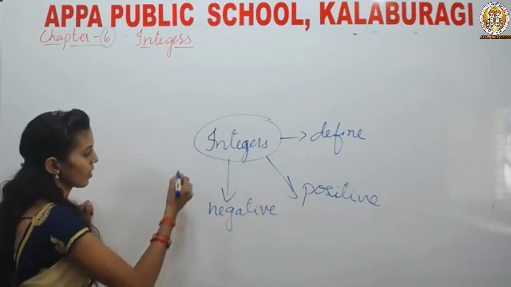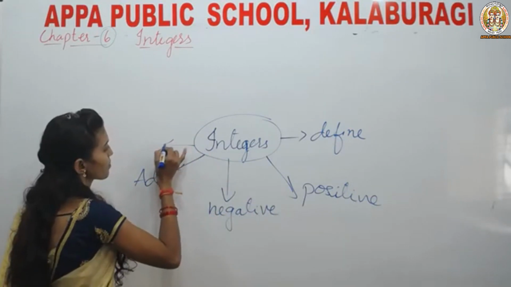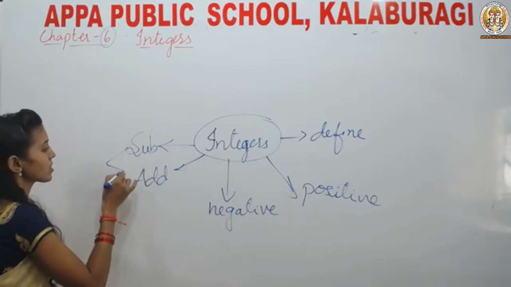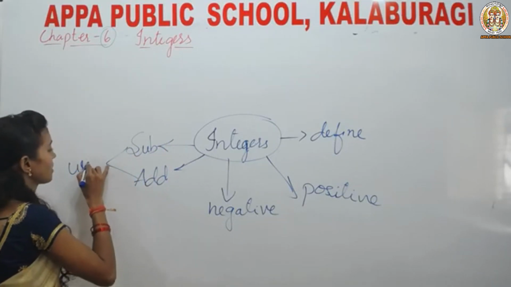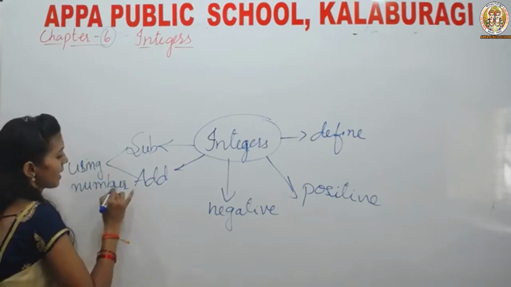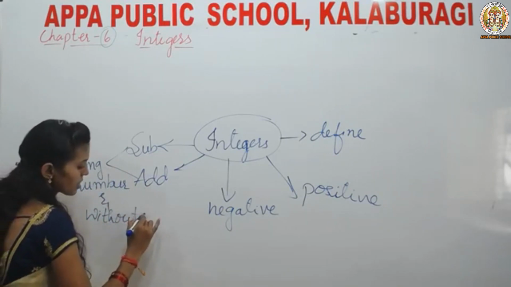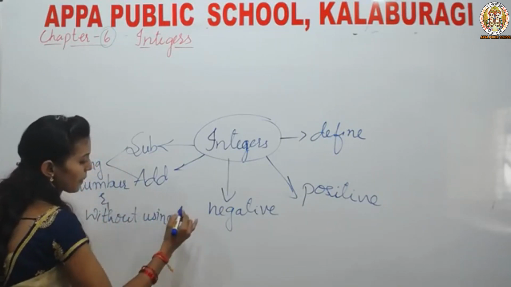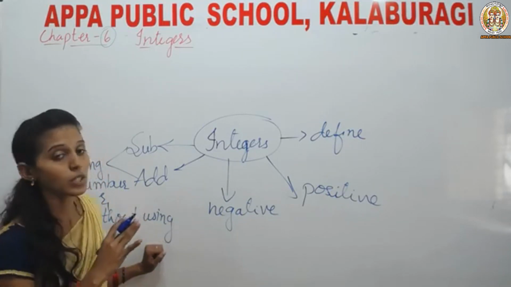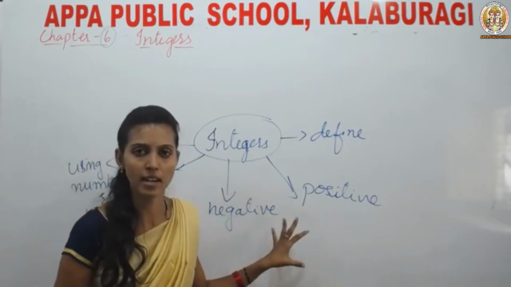We will learn how to add and subtract integers, addition and subtraction of integers using a number line and without using a number line. These we are going to learn this year. This is again just an introduction part.